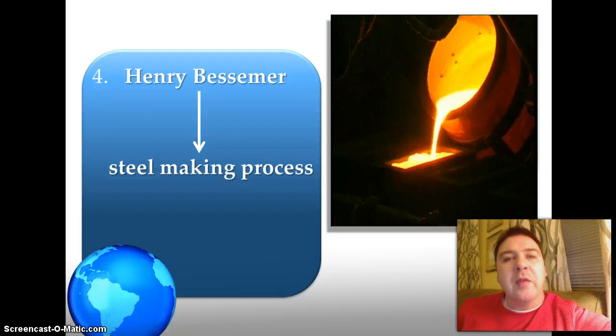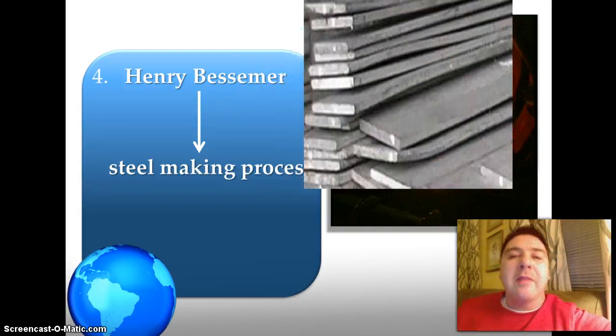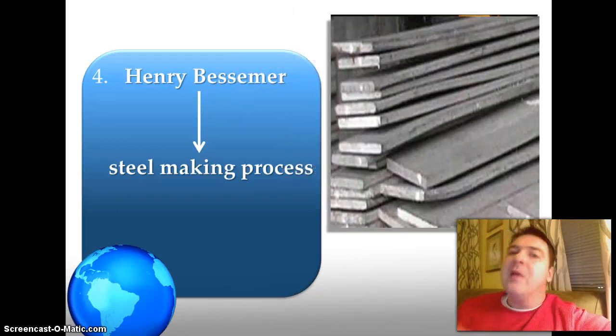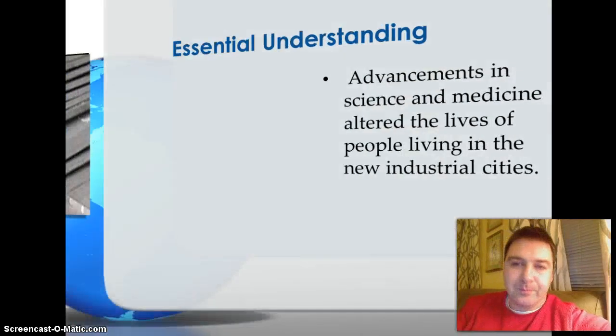They turn it into a liquid. They add carbon and some other things to the iron to make it even stronger, and the end result is steel. The tall skyscrapers that we have today, the railroads, all sorts of things depend on steel. And Henry Bessemer comes up with the process for making it.